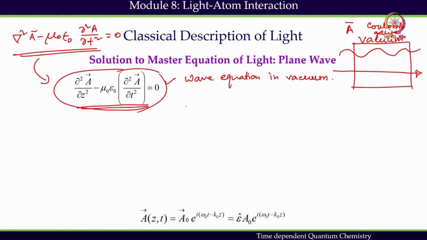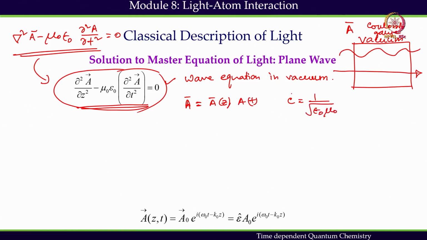The way we can do this, A will be represented as a function of z, because the z coordinate we have taken as the 1-dimensional space coordinate, and then I have this time dependent part as well. Time and space will be separated, and we'll say that c is representing this constant, 1 by square root of epsilon naught mu naught.